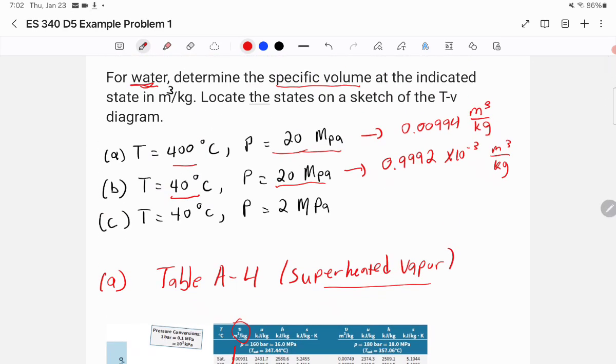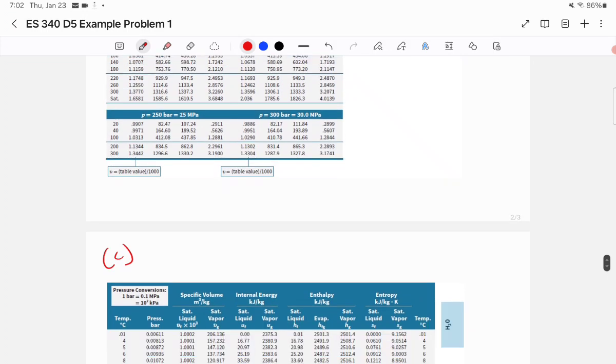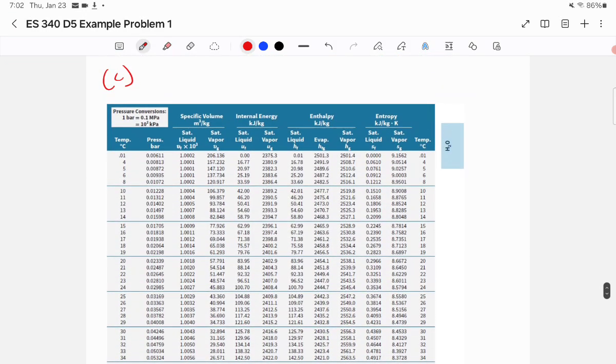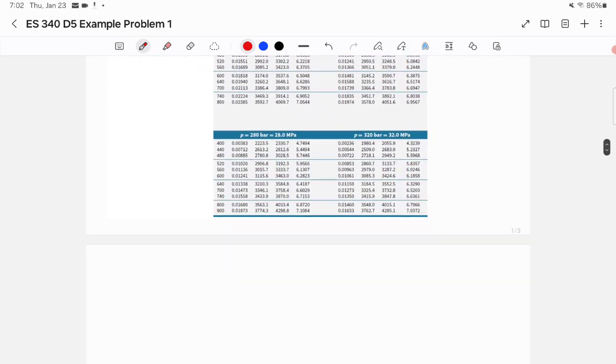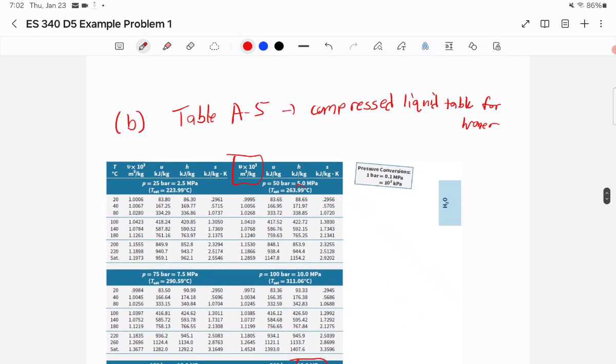Okay, again, we're at 2 megapascals and 40 degrees Celsius. Now if I go back up here, I don't think that I have it. Yeah, okay. So table A5, actually, the lowest value that is listed is 2.5 megapascals. And we're looking for 2.